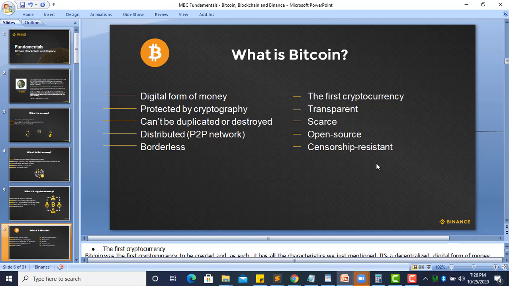So imagine that back in 2018 you got one Bitcoin for just $1. By now you'd have 7 million naira, just like that.